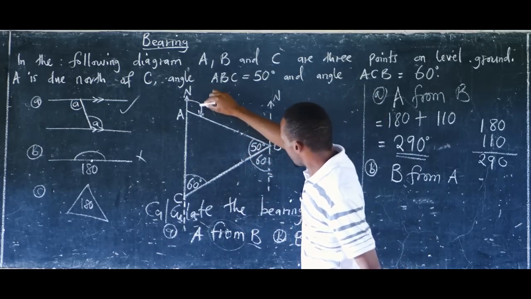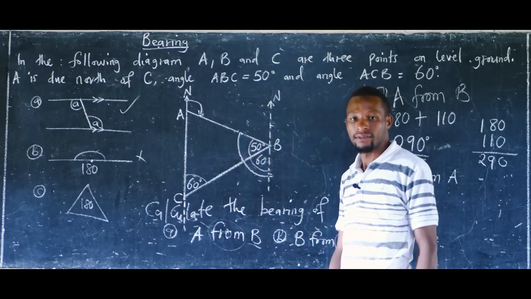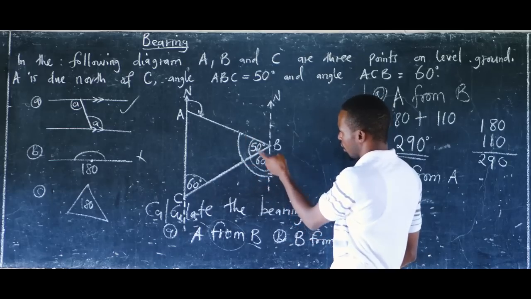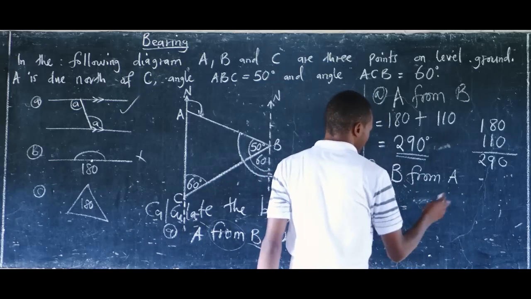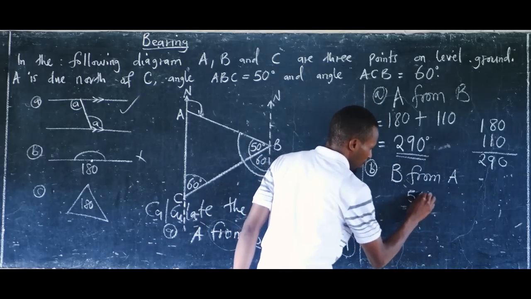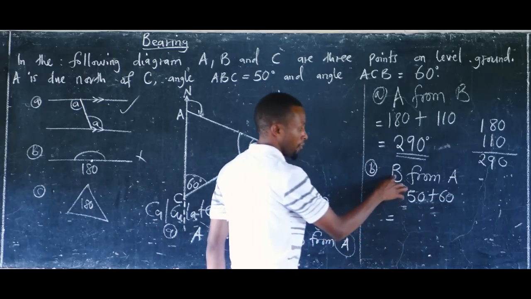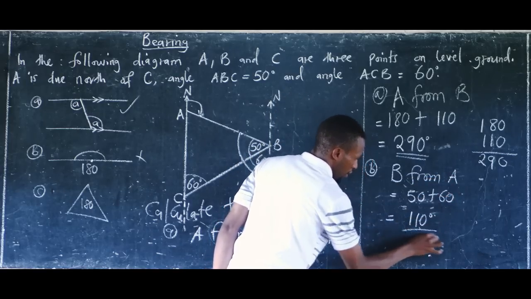So this is alternate to which angle? It is alternate to this angle here. Very simple. So since it is alternate to this angle, here I have 50, here I have 60. To find the complete angle here, I'll just add 50 plus 60. That's our final answer. So the bearing of B from A is 110 degrees.